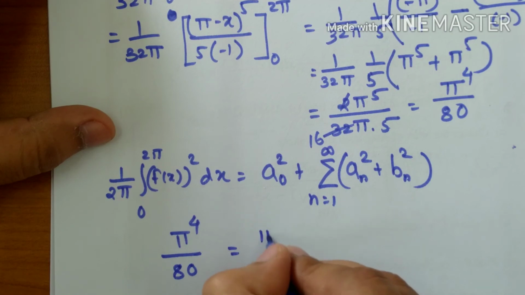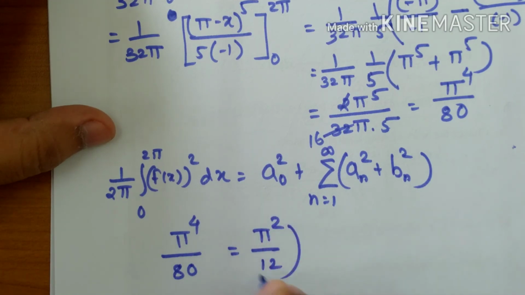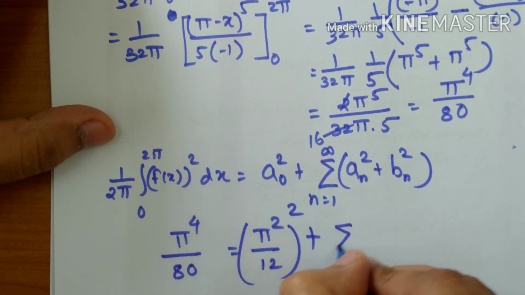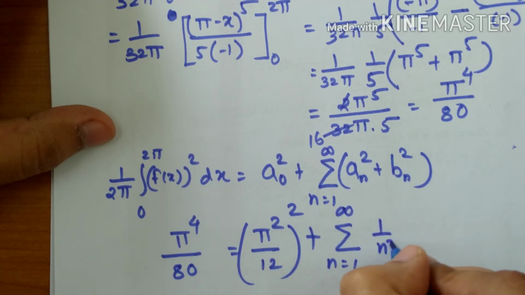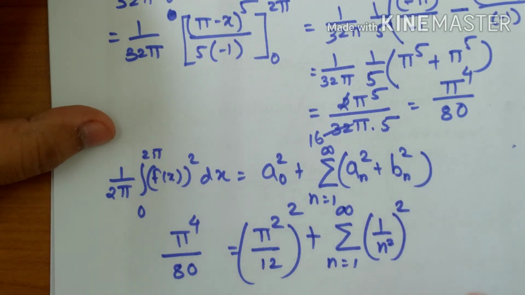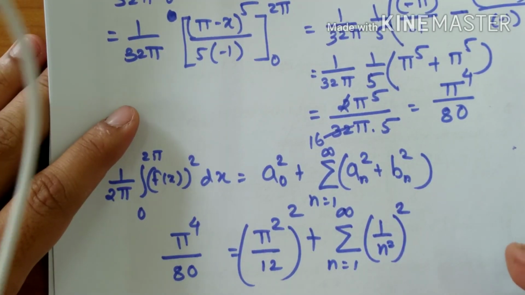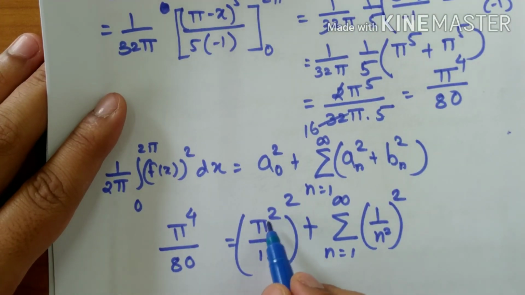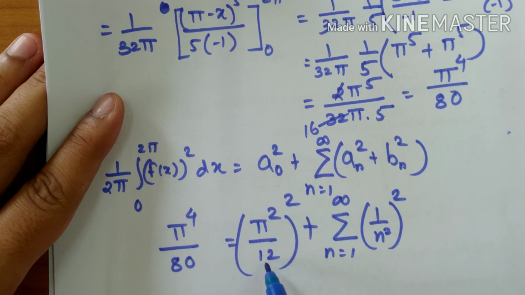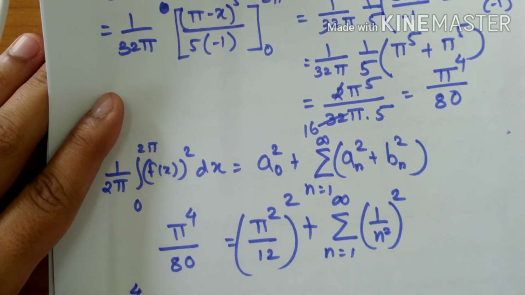A naught square is pi square upon 12, bracket square. Summation n runs from 1 to infinity of 1 upon n square, and bn is already 0, so no need to write it again. So this is pi square upon 12 bracket square, that becomes pi raised to 4 upon 12 square, that is 1 by 144. So we have pi raised to 4 by 80 minus pi raised to 4 by 144.